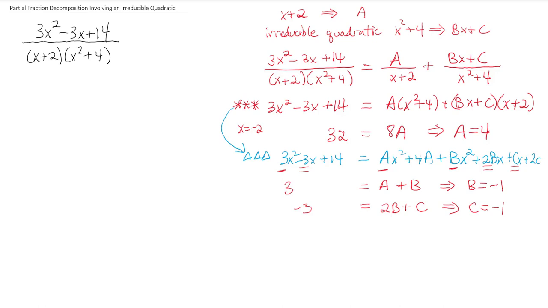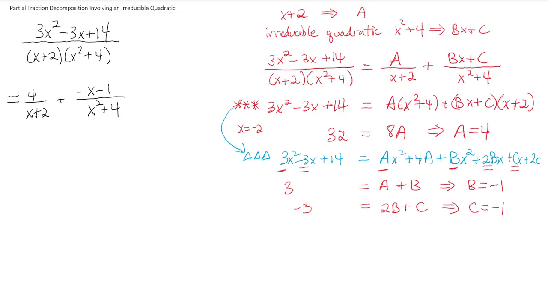All right. Looks like we got everything. So let's write our partial fractions. We have a to be 4, and then we have b to be negative 1 and c to be negative 1. So negative x minus 1 all over your irreducible quadratic.